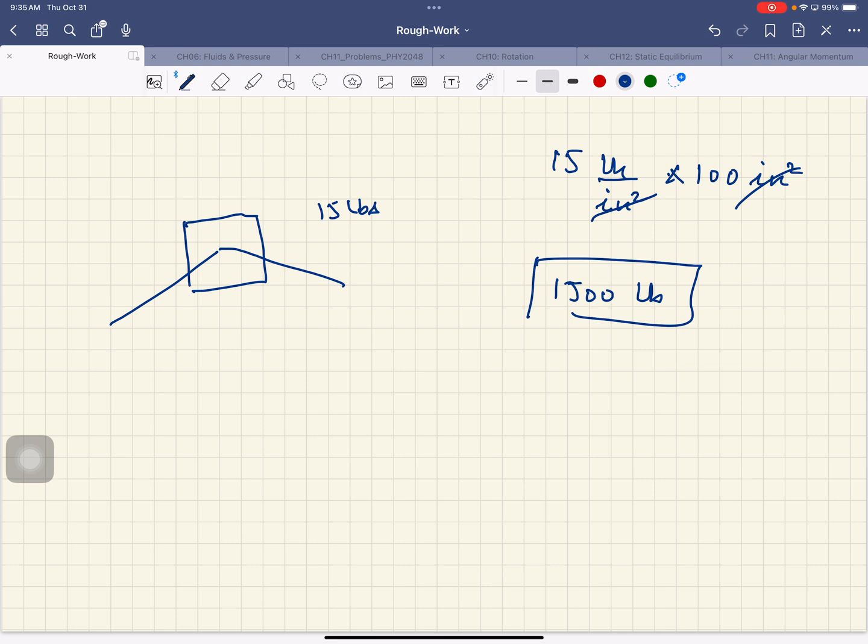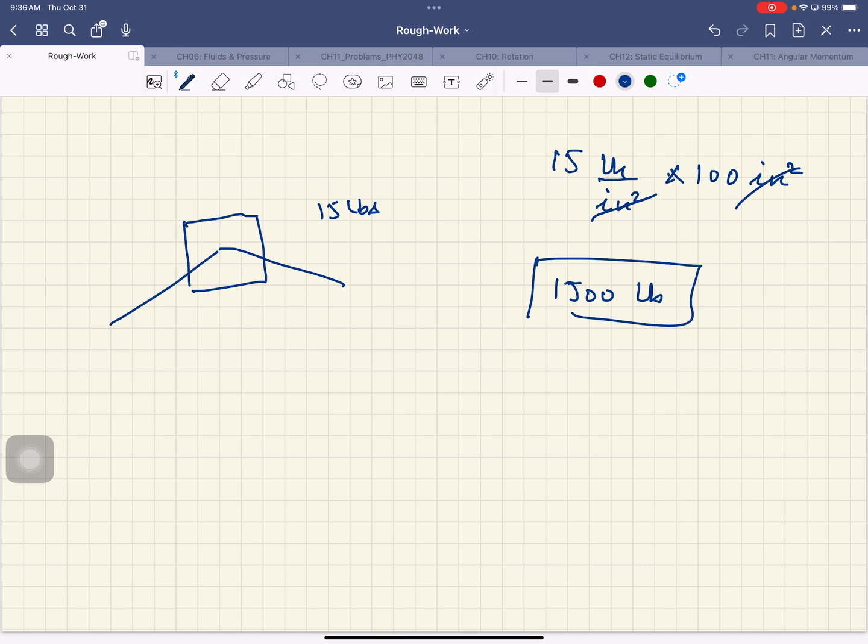Similarly, on your chest, the atmosphere is pressing down on you. Why aren't you collapsing? Inside your lung, there's air at 1 atmosphere that's pushing up.